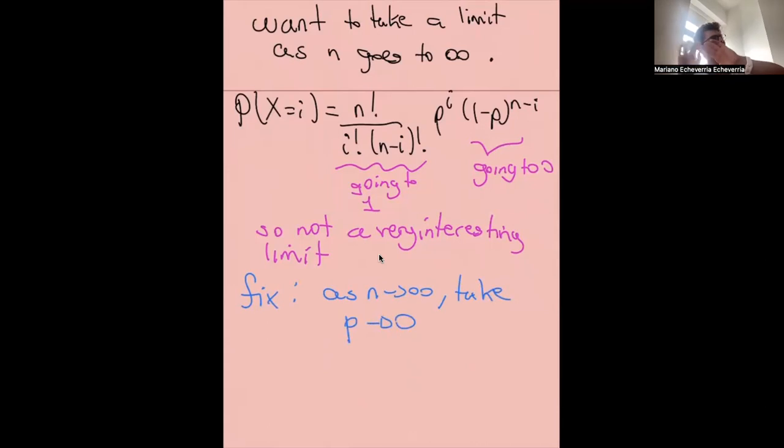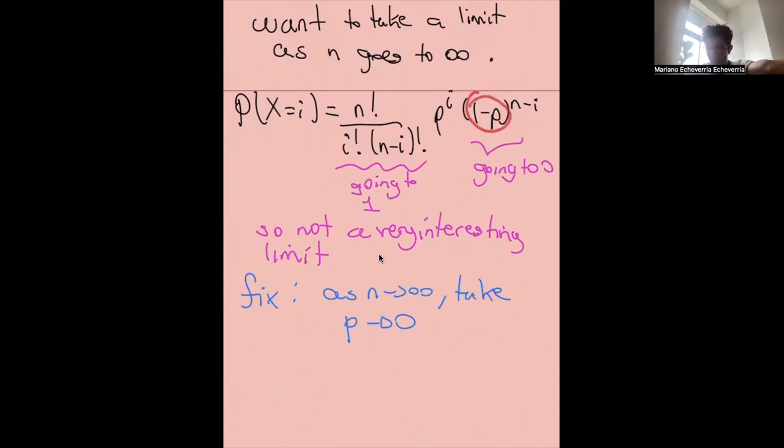Of course, that sounds a little bit weird, and I have to say what I mean by that. But if you thought about the formulas, what could make that slightly more interesting is that then 1 minus p should be kind of like 1 if p is going to 0.